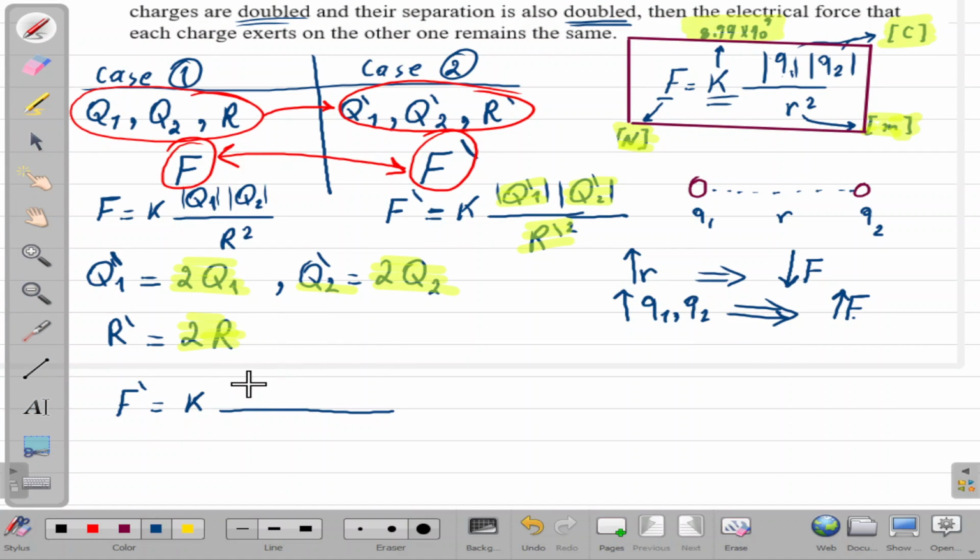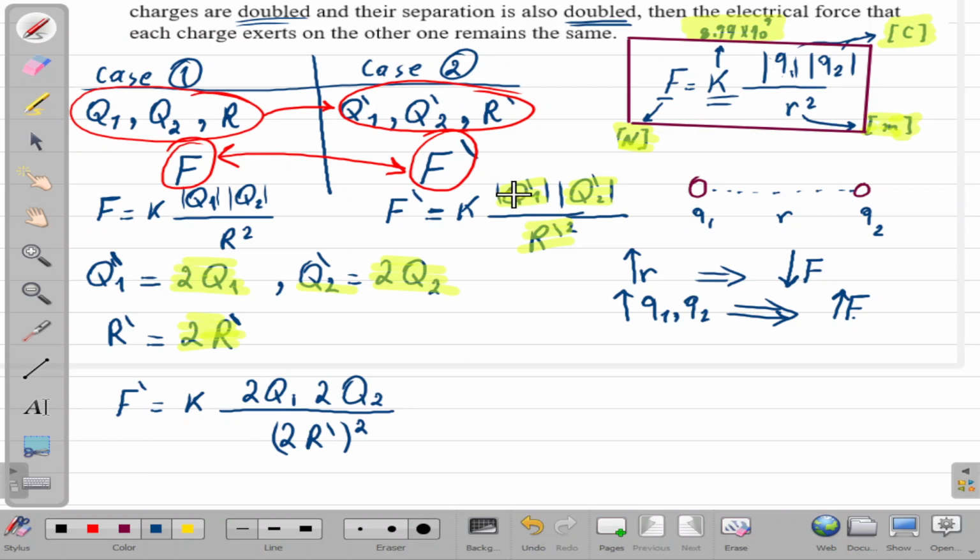So, Q prime 1 is equal to 2 Q1. We can remove the absolute value because we are not going to substitute any numerical value here. Times 2 Q2, over 2R squared.